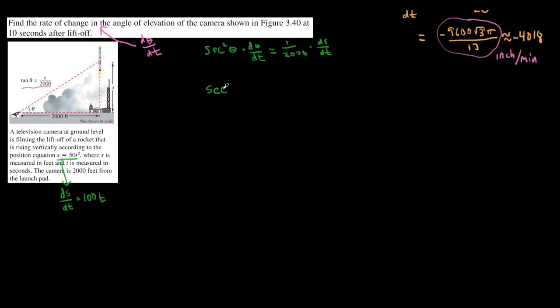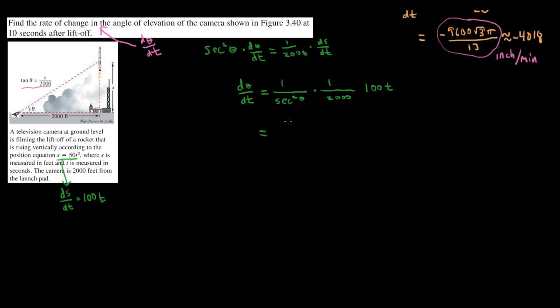If I divide both sides by secant squared, it would be d theta dt equals 1 over secant squared theta times 1 over 2,000 times ds dt, and we already said ds dt was 100t.